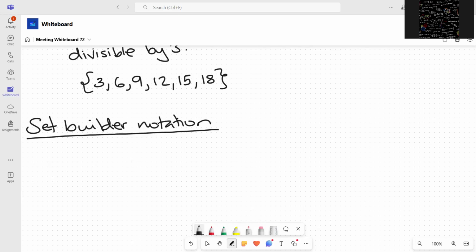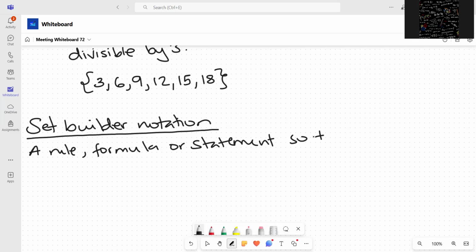Okay, now with set builder notation, we use a rule, a formula, or a statement. So it is well defined. Okay, now let's say, for example, we have a set A is equal to 2, 4, 6, 8, 10.